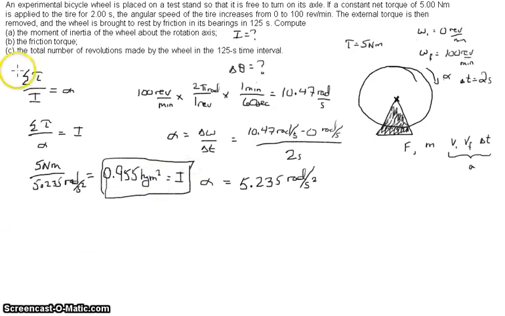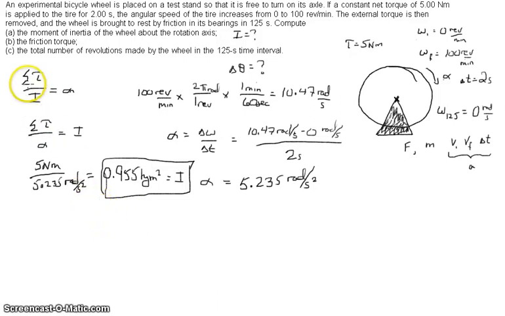Okay, part B, find the frictional torque. Alright, so this thing's now spinning at 100 revolutions per second, and then after 125 seconds comes back to rest. Okay, so they're asking for what the frictional torque is.